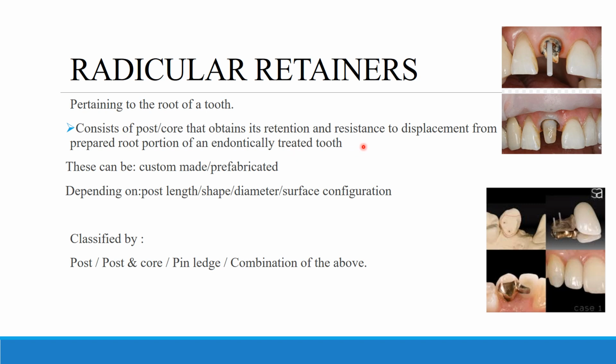It can be custom made or prefabricated, that's the post, depending on the post length, shape, diameter, and surface configuration. It can be classified as only post, post and core, pin ledge, or a combination of these, right? So this is basically a post and core. This is a pin ledge restoration. Can you see the holes, guys? Yeah, that's how.